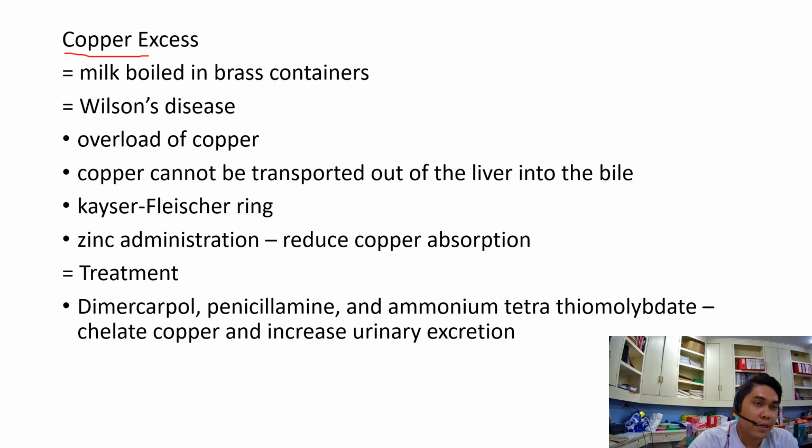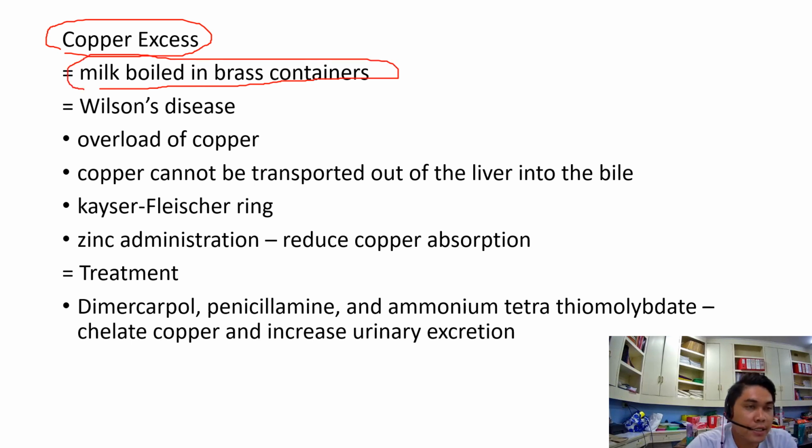Next is copper excess. A cause of copper excess is milk boiled in brass containers. The disease associated with copper excess is Wilson's disease. In Wilson's disease, you have an overload of copper, and there's a problem with the transportation of copper out of the liver into the bile.